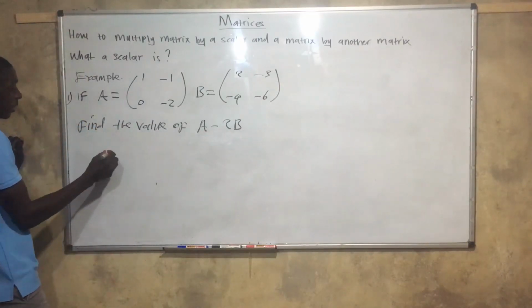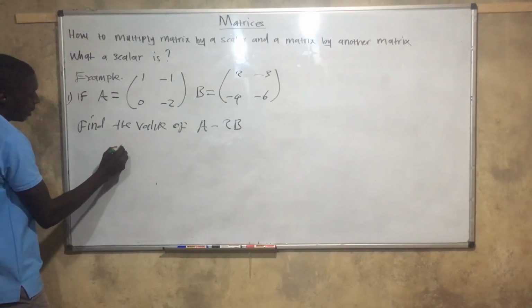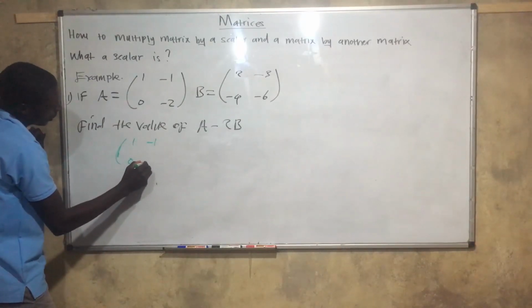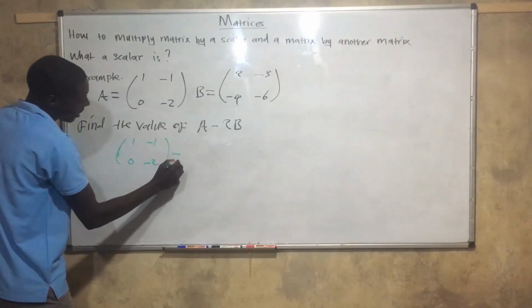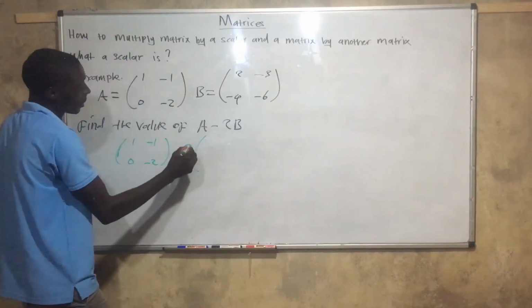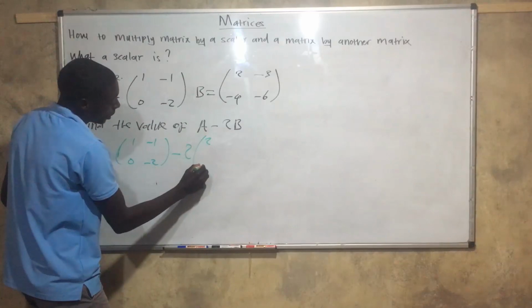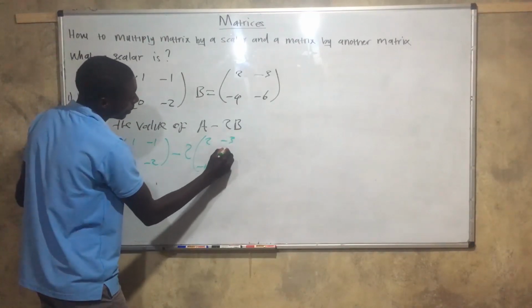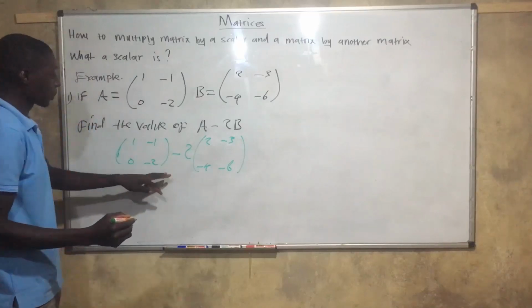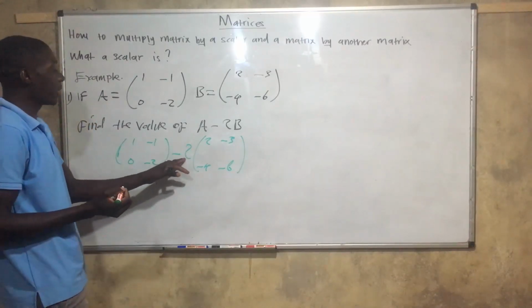So we'll start with matrix A, which is 1, 0, negative 1, negative 2, minus 2, which is a scalar, then open bracket, 4, negative 3, negative 4, negative 6. So this 2 is a scalar.